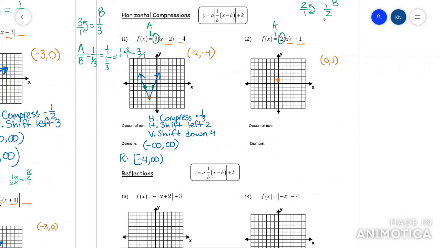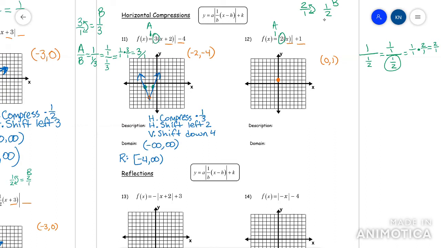That's my B value. So when you do A over B, that's 1 over 1/2. Well, that's really like 1 over 1 over 1/2. And you can switch this to a multiply, like 1 over 1 times, as long as you flip this bottom fraction, 2 over 1. So you end up getting 2 over 1, or just 2.